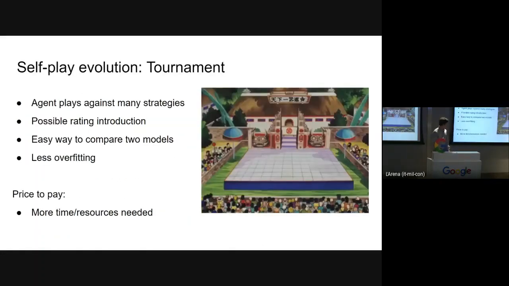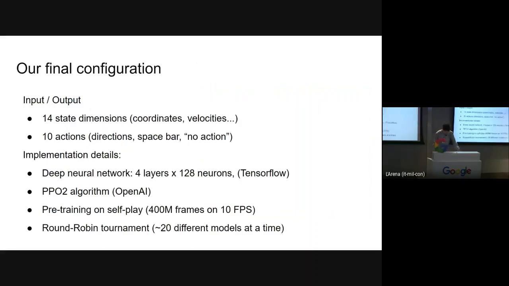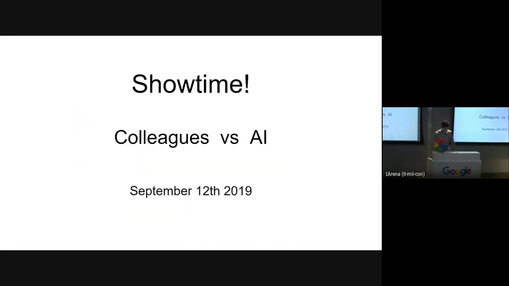So with this implementation, we felt ready to challenge our colleagues. And now we will show you some highlights of the match. And keep in mind that the human player had never seen the bot in action.